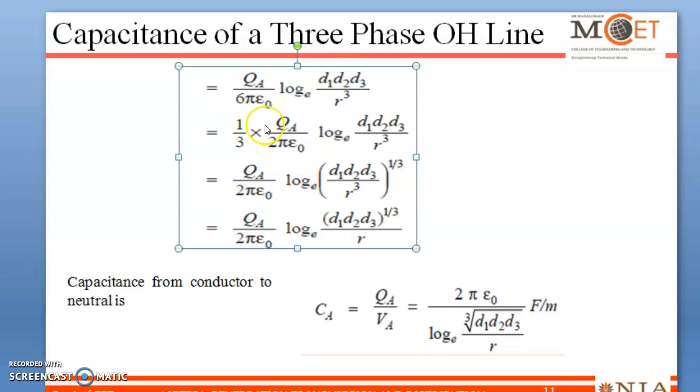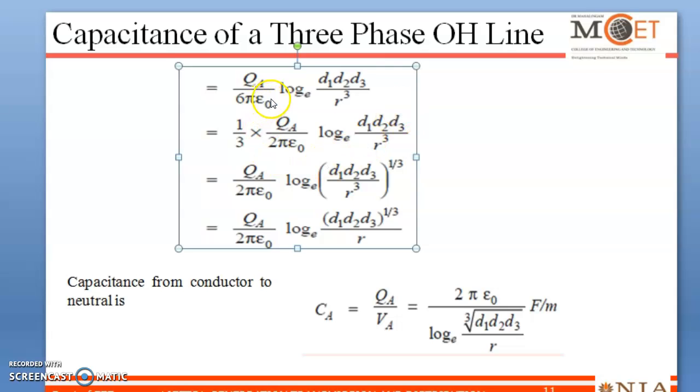After that we are going to simplify these equations. In the logarithmic value, the positive term is written in the numerator and the negative term in the denominator. So substituting the concept in the previous equation, we get log E D1, D2, D3 divided by R power 3.